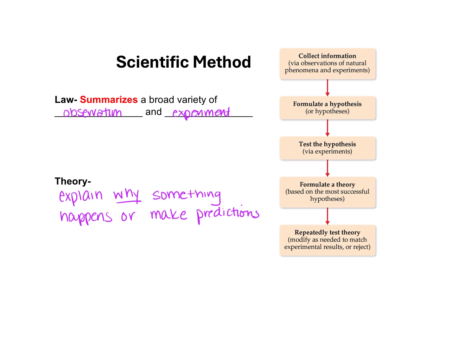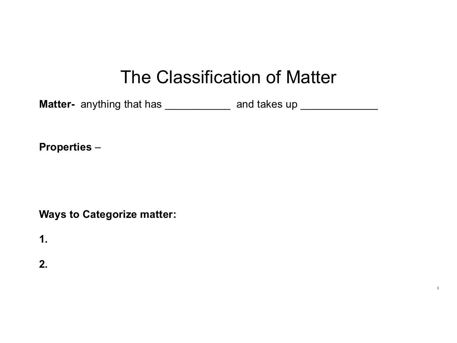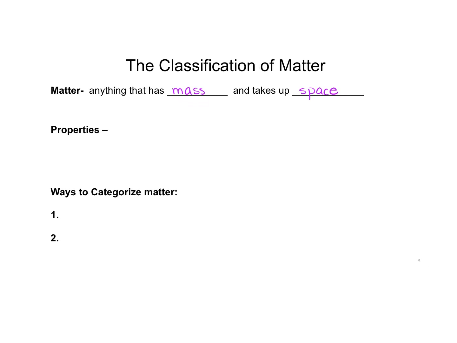So let's talk about matter for just a second. Chemists are studying matter, right? And the definition of matter is anything that has mass and takes up space. Okay. And then we also study the properties of matter.